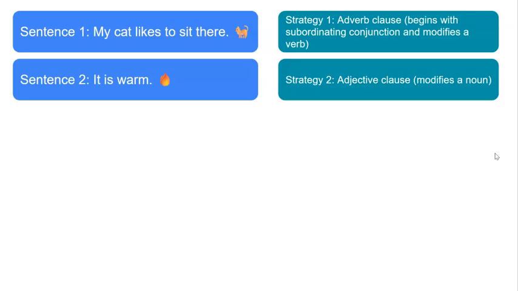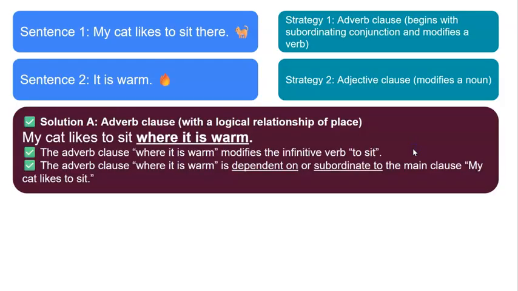The first solution will be an adverb clause with a logical relationship of place. And the combined sentence is my cat likes to sit where it is warm. The adverb clause where it is warm modifies the infinitive verb to sit, and the adverb clause where it is warm is dependent on or subordinate to the main clause my cat likes to sit.